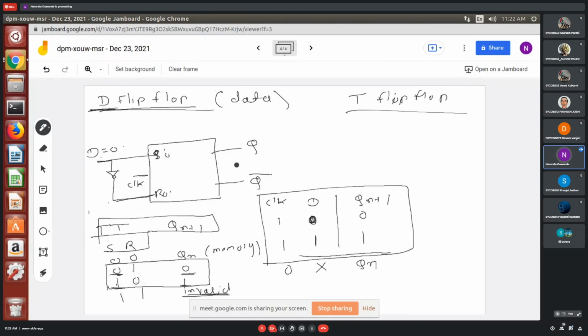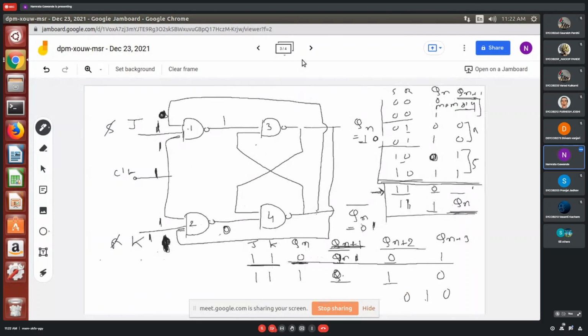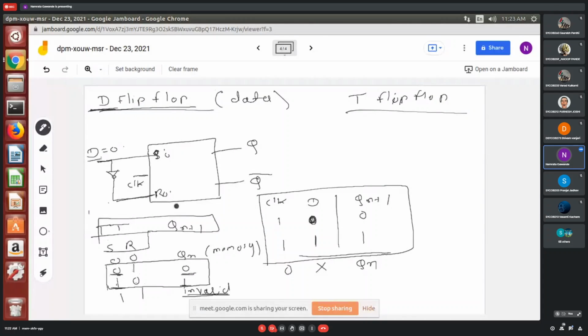It is very simple. Only one inverter is placed, and that inverter automatically inverts the input we have provided with D. This is just a block diagram, but inside, this circuit is there, which we are assuming. So this will work accordingly.